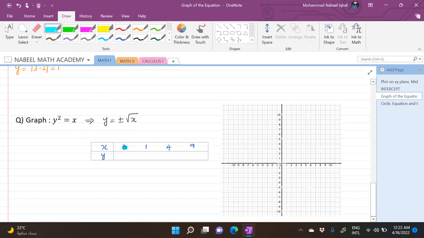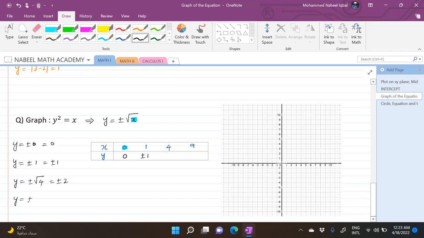Now let us substitute the values one by one. The first one, y equal plus or minus square root of 0. 0 is a neutral number, therefore it is 0. Now x equal 1, square root of 1, which is equal to plus or minus 1. Then when I substitute 4, the square root of 4 is plus or minus 2.